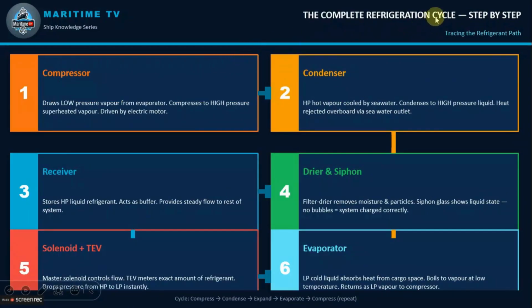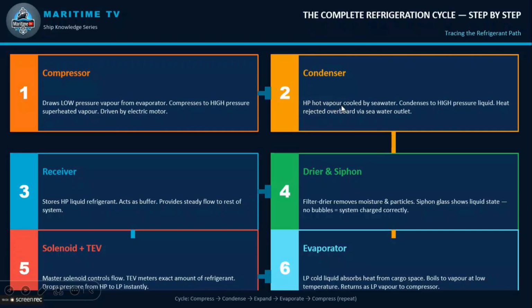So now let's see the complete refrigeration cycle step by step, tracing the refrigerant path. Number one is the compressor. The compressor draws low pressure vapor from the evaporator, compresses it to high pressure superheated vapor, driven by an electric motor. Go to the condenser.